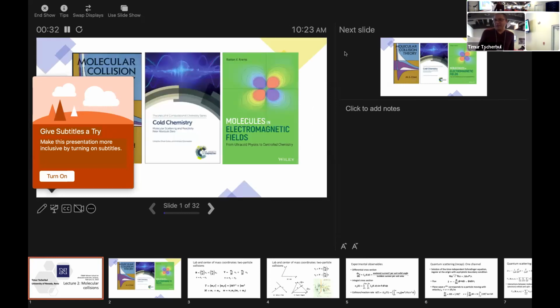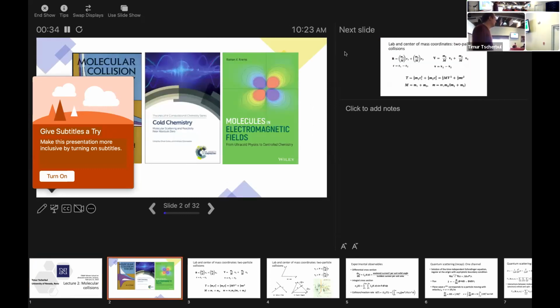We'll be talking about molecular collisions, and all the information I'll be talking about is taken from these three great books. Joanne already mentioned, there is the Child book, but of course that book is always implied in the background. This one is from the 70s, so it's really the foundation of molecular collision theory on all these rotational states and everything.